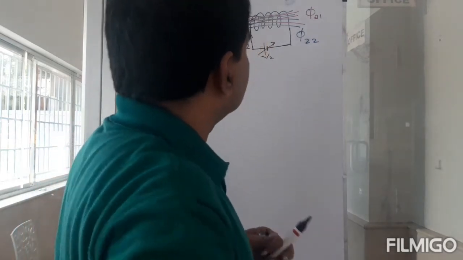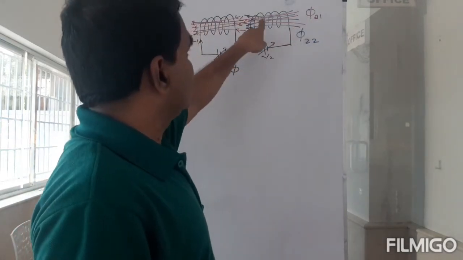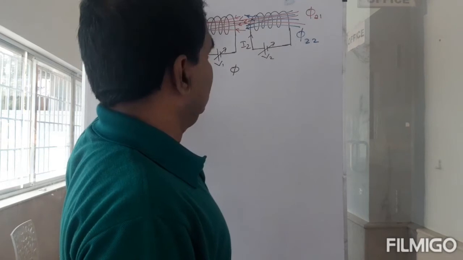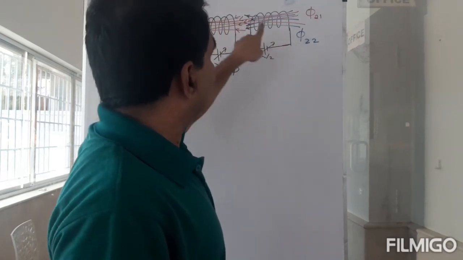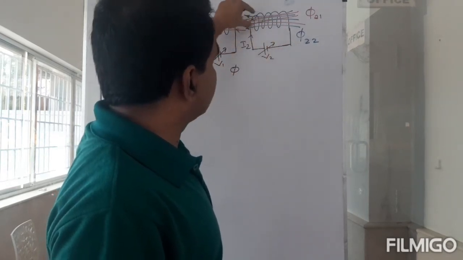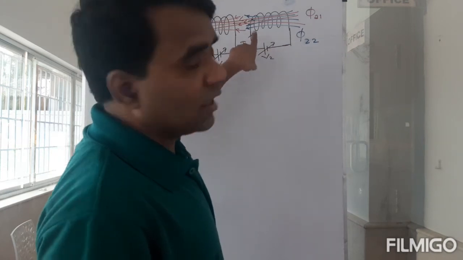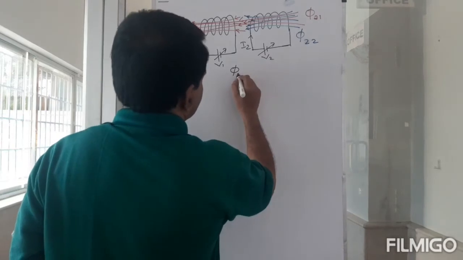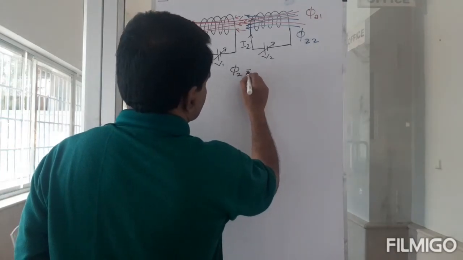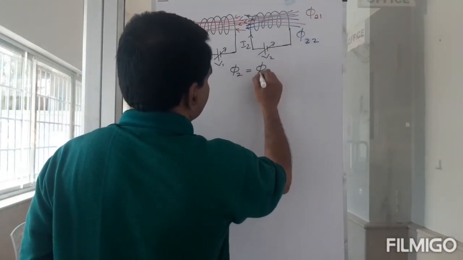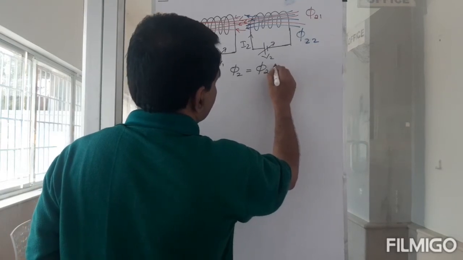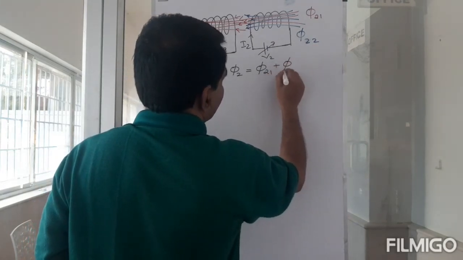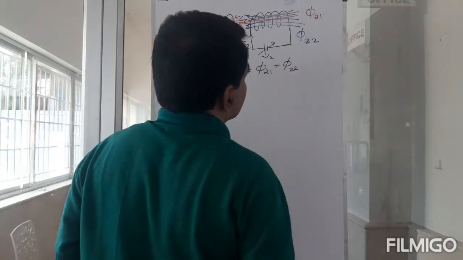Sorry, I earlier said 1, but this should be 2. So phi 2 1 is the flux in 2 due to current 1, which is in red, and what is in blue is the flux in 2 due to current I2. Now the flux phi 2 can be given as the sum of both: phi 2 1 plus phi 2 2.